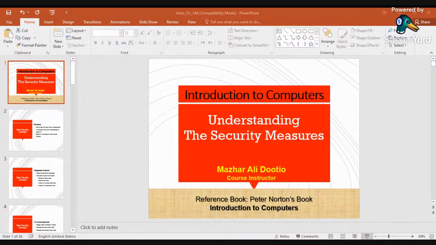So data loss is basically a big loss. Data loss occurs when data is accidentally deleted, or deleted by malware, by another tool, or even by a human. That is really a big loss.